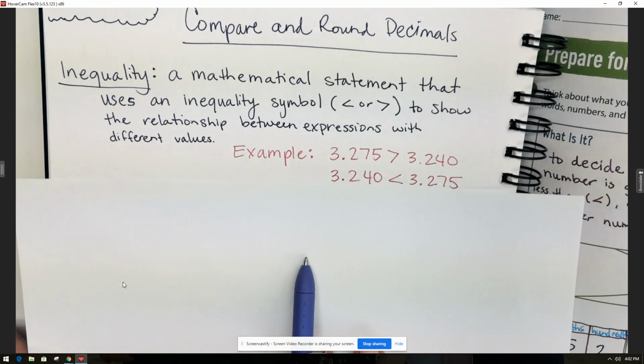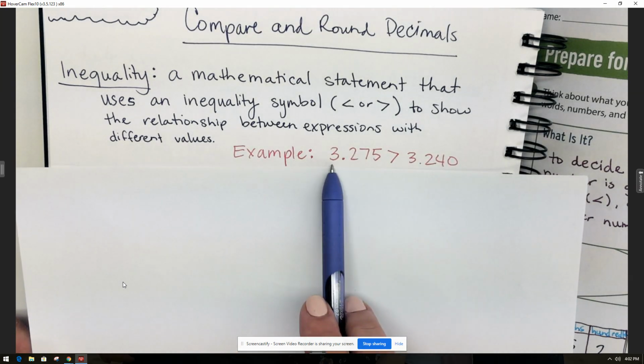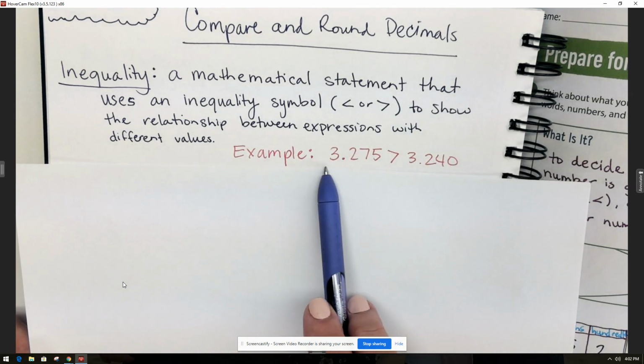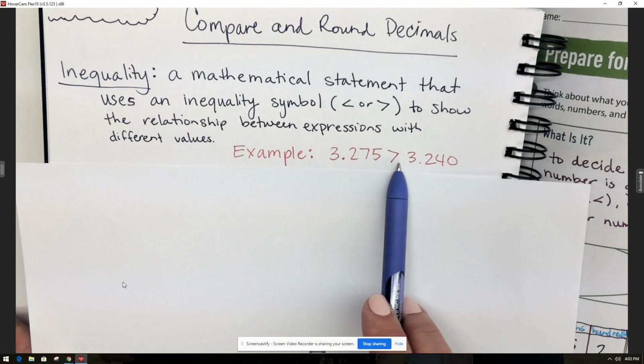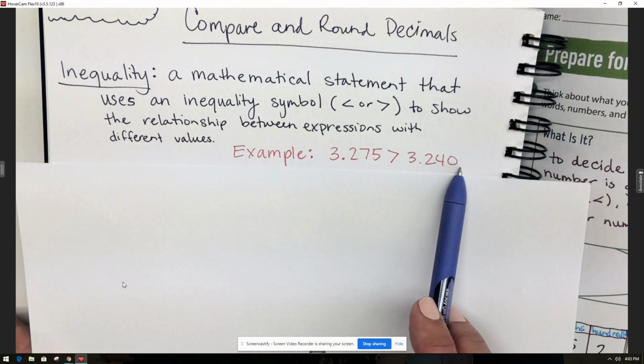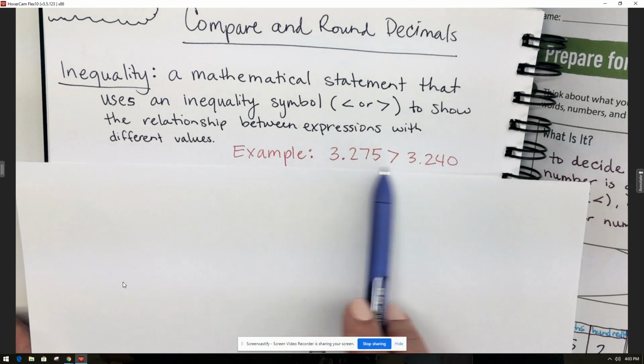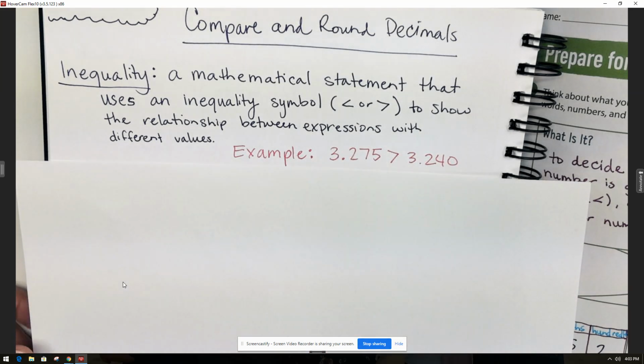So for example, 3 and 275 thousandths is greater than 3 and 240 thousandths. And so we're going to really work on that today.